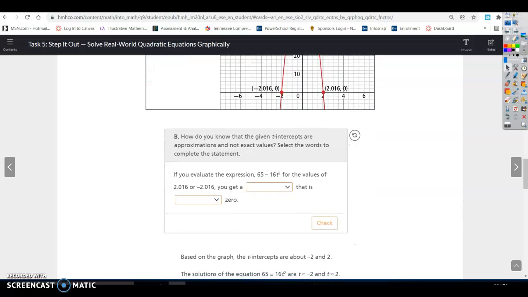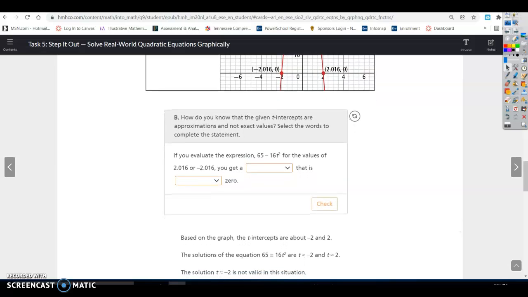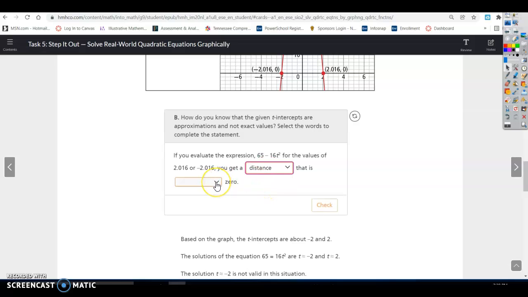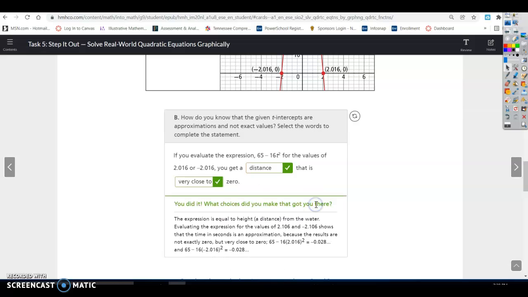All right, so how do you know that the given t-intercepts are approximates and not exact values? Select the words to complete this statement. If you evaluate the expression for the values of t, you get a distance that is close to 0.